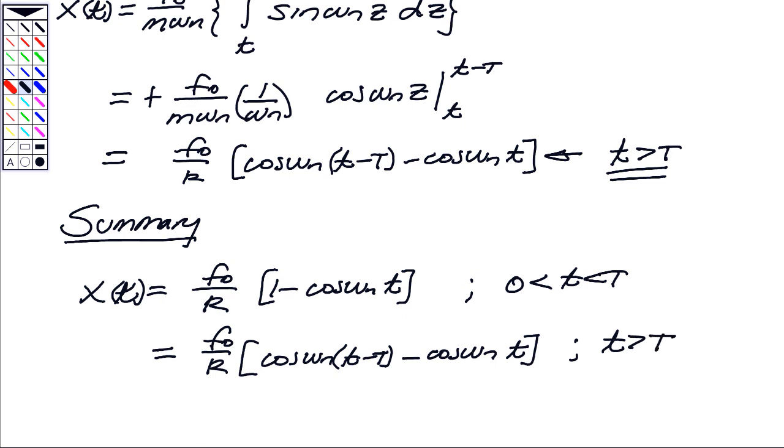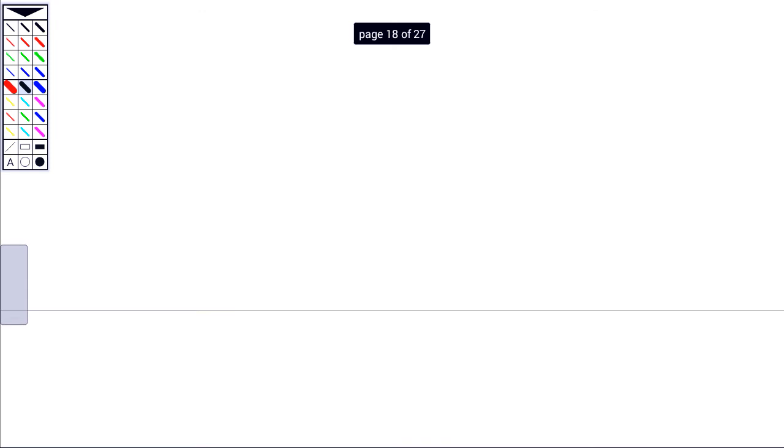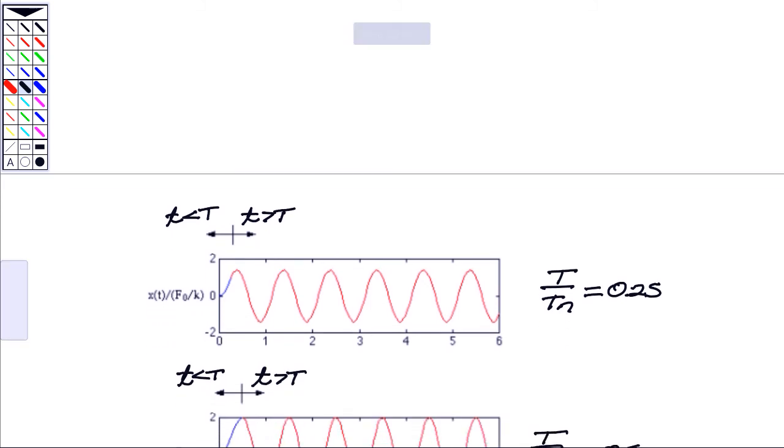How does this actually look? Well, what I did was I just took these two functions and plotted them together for various values of the duration of the pulse, big T. And I compared the value of T to the natural period of response, T sub n, the natural period, which is equal to 2 pi over omega n.